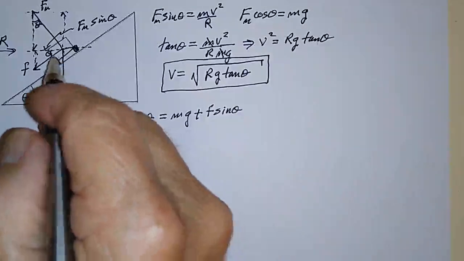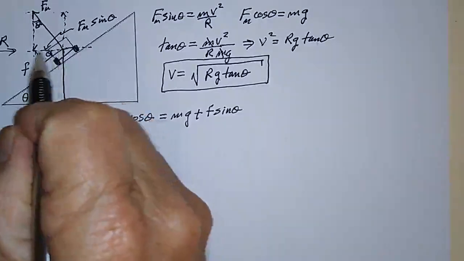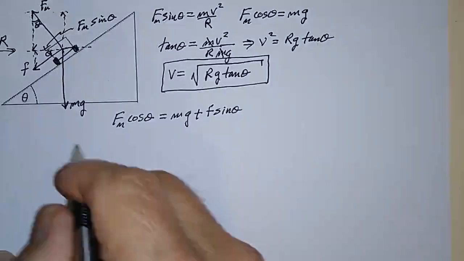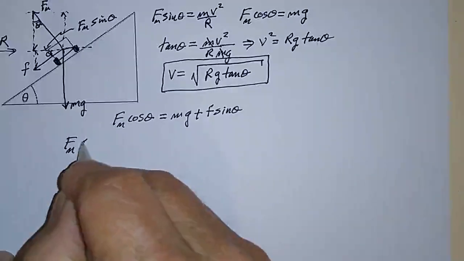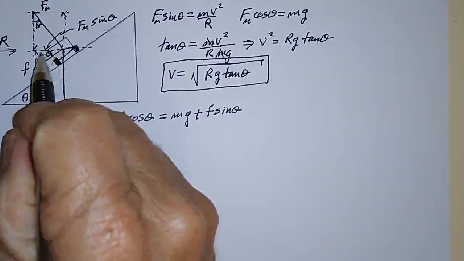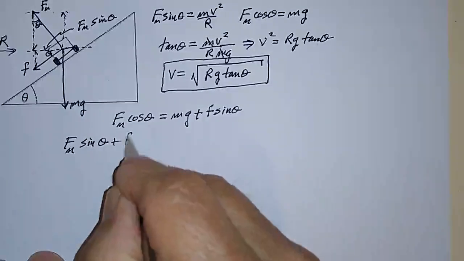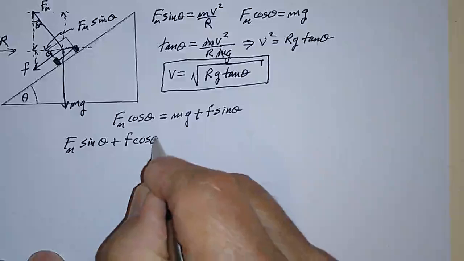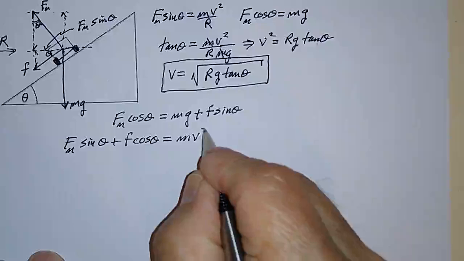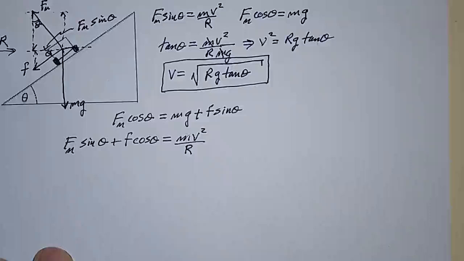And I also have that the centripetal force now is a component of the normal force, which is Fn sine theta. I have Fn sine theta, but I also have a component of the frictional force in this direction, and that's little f times cosine theta, and that is equal to mv squared over r, the mass times the centripetal acceleration.